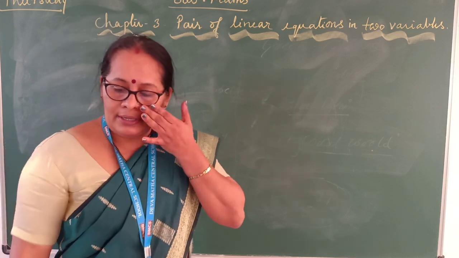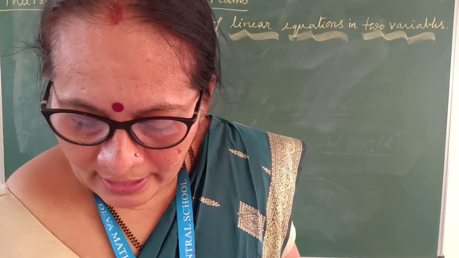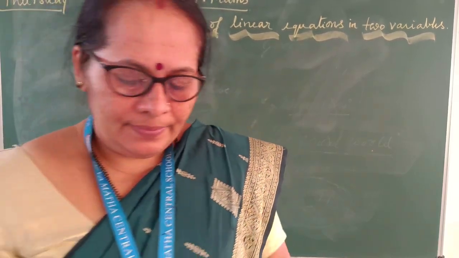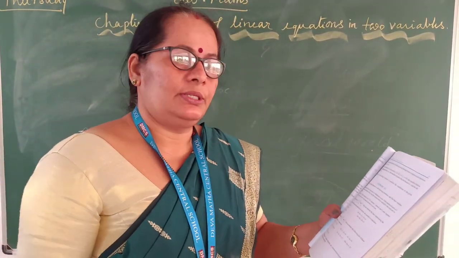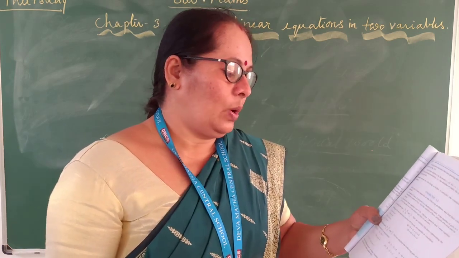Now today I am going to continue exercise 3.2, the 4th problem. Which of the following pairs of linear equations are consistent or inconsistent? If consistent, obtain the solution graphically.